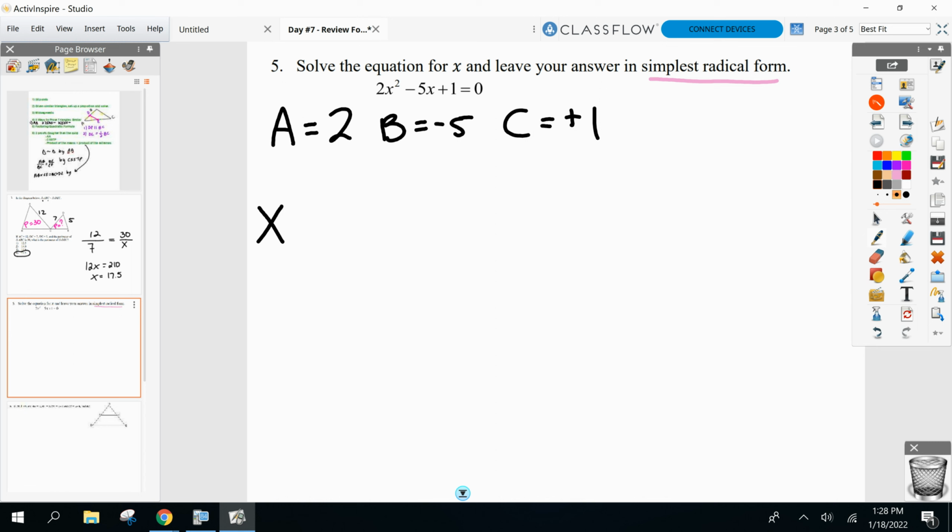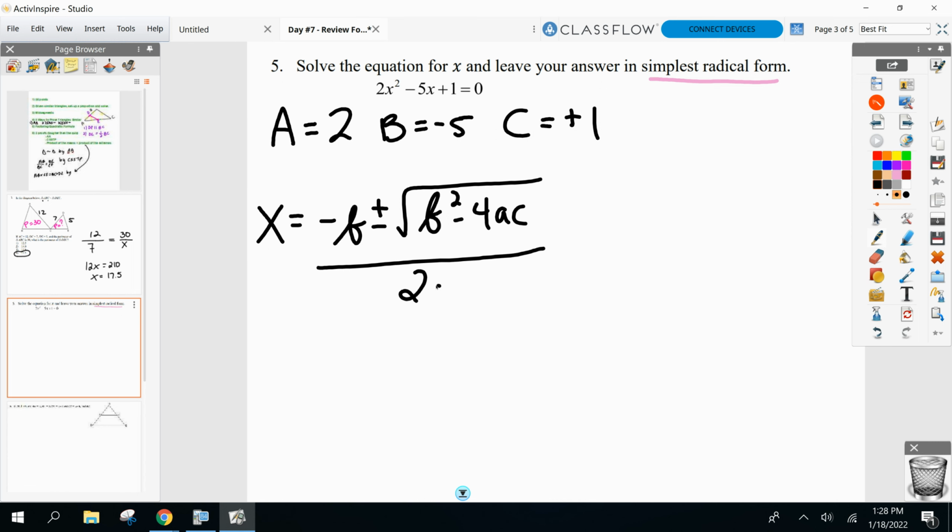And Eva asked before, I will give you this tomorrow if you need it. I will provide it. You just got to know how to use it. What's going in for -B? 5. -5 gives you 5.